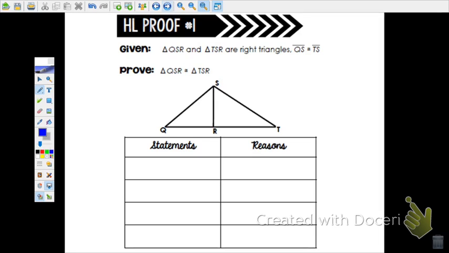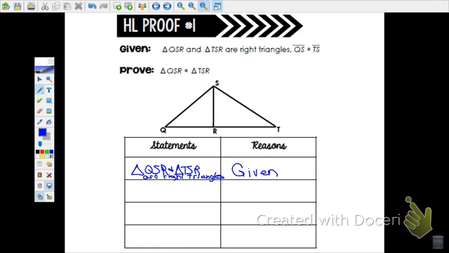Again, we're going to start out with that first given statement: triangle QSR and triangle TSR are right triangles. That's a given, so I need to mark that in my picture.